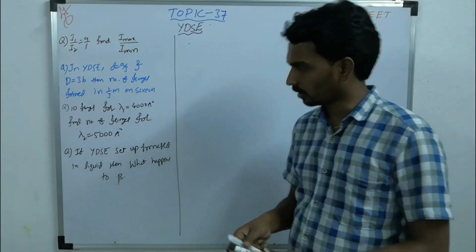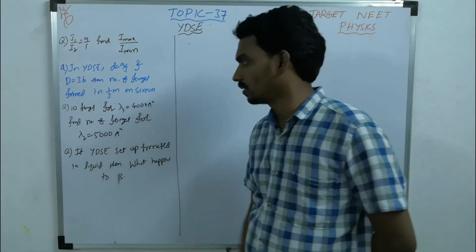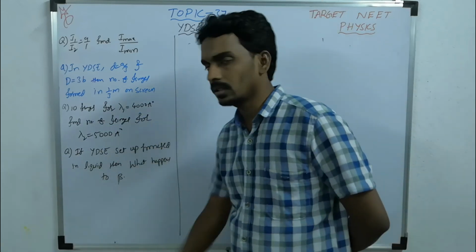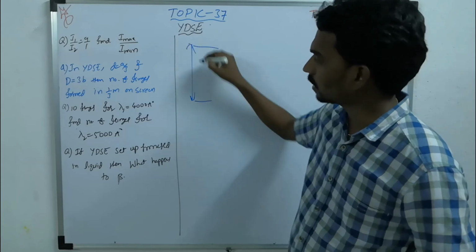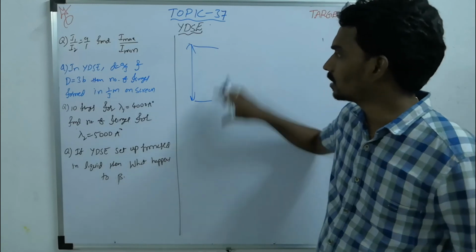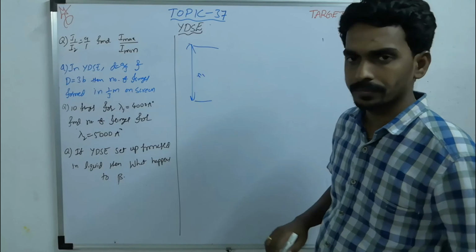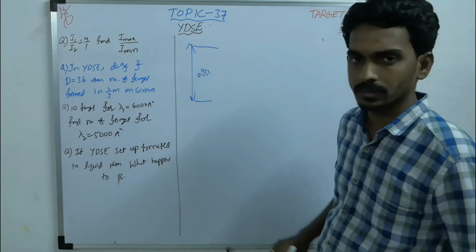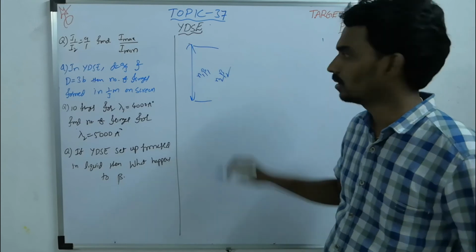Now one more question. There are 10 fringes for lambda 1. Find the number of fringes for lambda 2. It means in a particular field of view length, there are 10 fringes for one wavelength; what is the number of fringes in the same length? Suppose for the first it is n1, then n1 beta 1. For the second it is n2, then n2 beta 2.